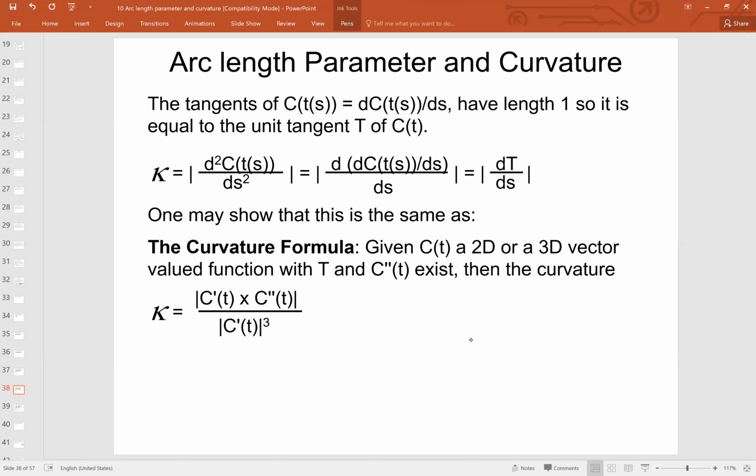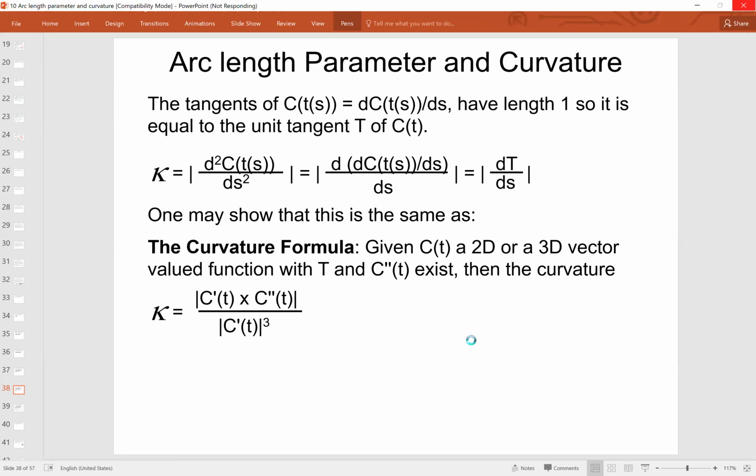The basic proof from here to this formula you can find in general calculus textbooks. It involves the derivative relationship between s and c prime of t, and uses product rules.